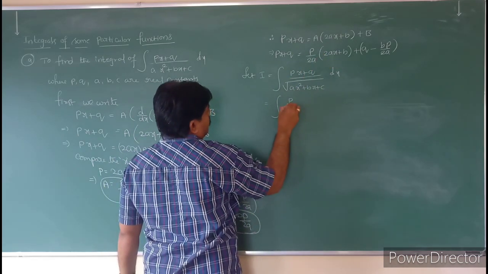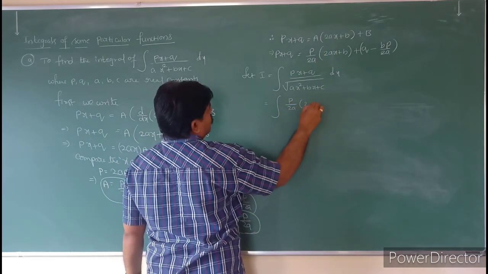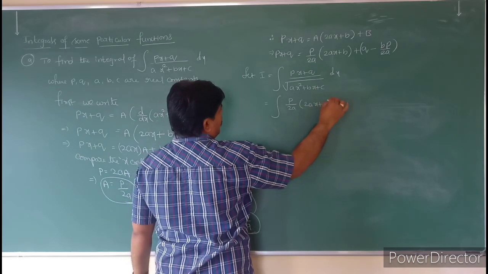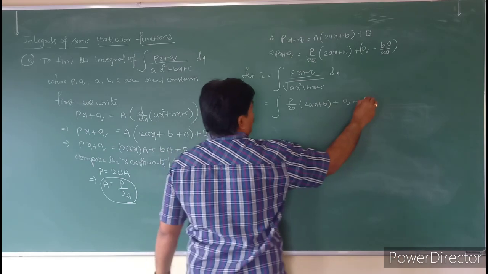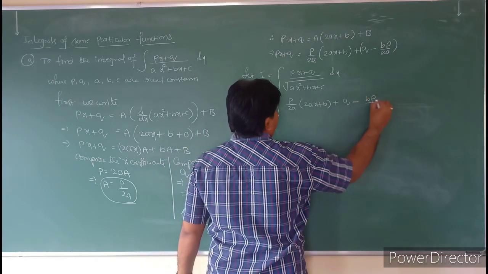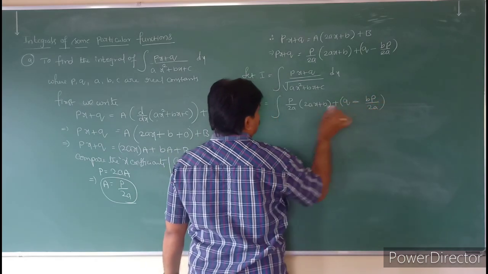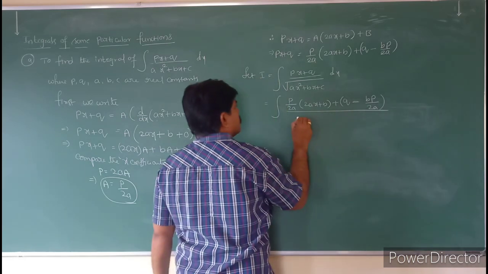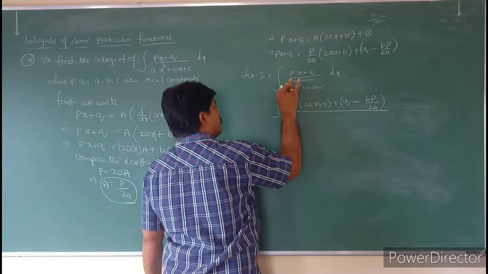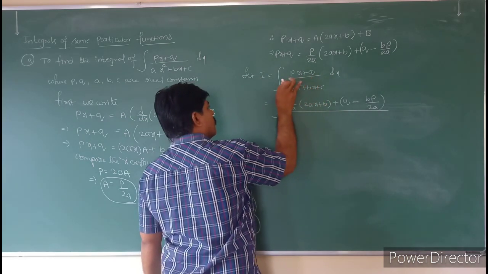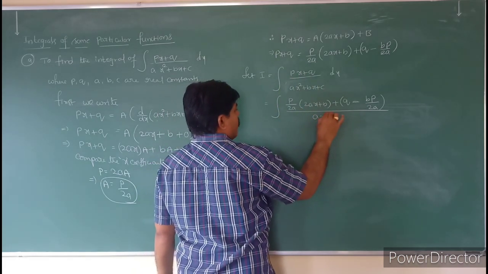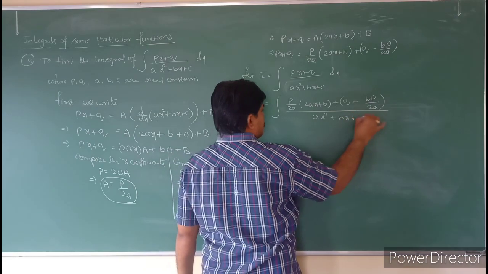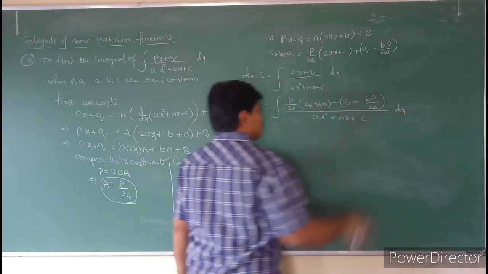So that is nothing but p by 2a into 2ax plus b plus q minus bp by 2a, whole by ax square plus bx plus c into dx.